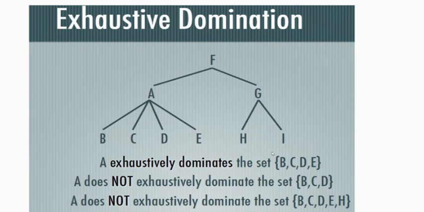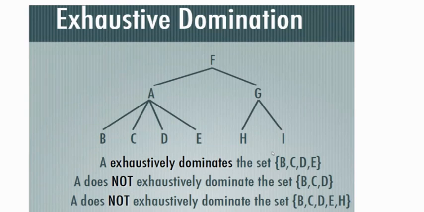Professor, just to clarify in my mind, if F is the sentence, the main root, can we say that the non-terminal node A is considered the subject, and that the non-terminal G is considered the verb phrase? Not necessarily. I just said that as a representation.